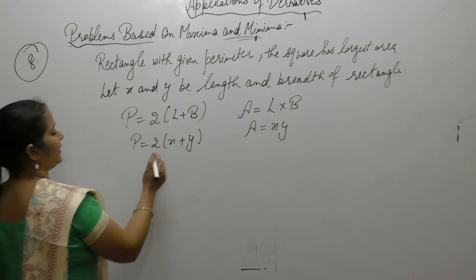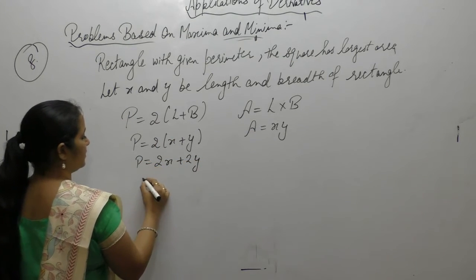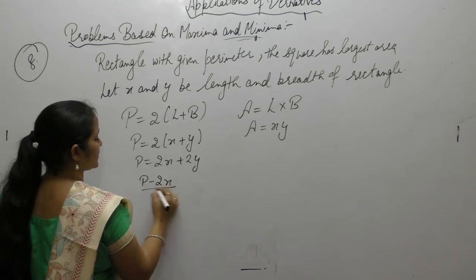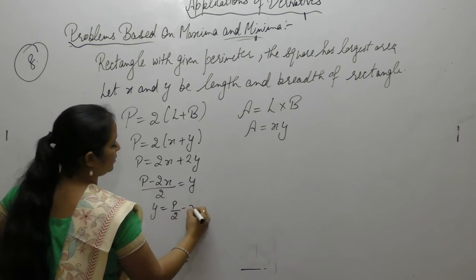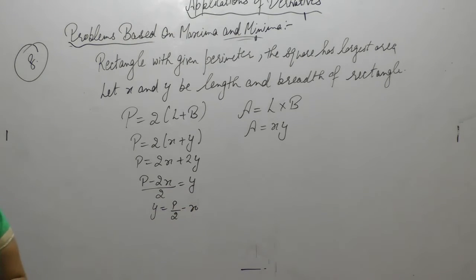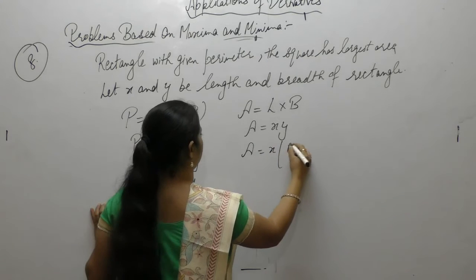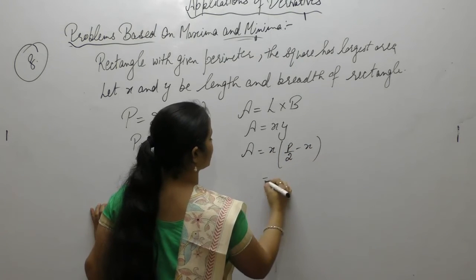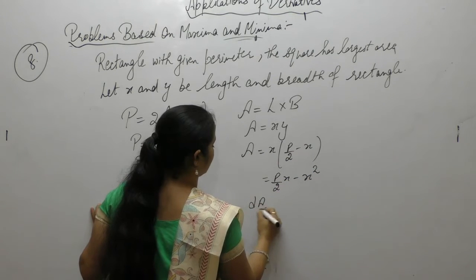Now from here, (P minus 2x) upon 2 is equal to y, that is P by 2 minus x. Put this value of y in area: x times (P by 2 minus x), that is P by 2 x minus x square.